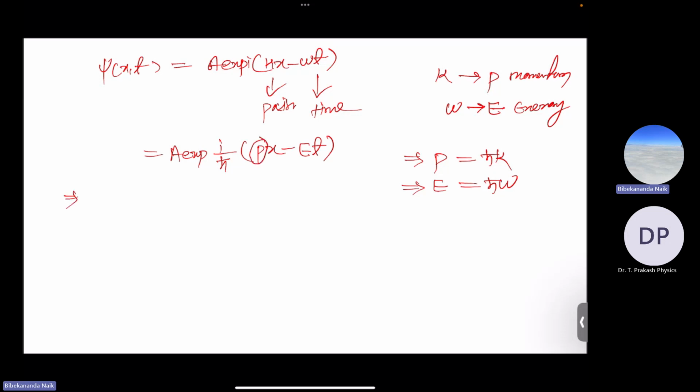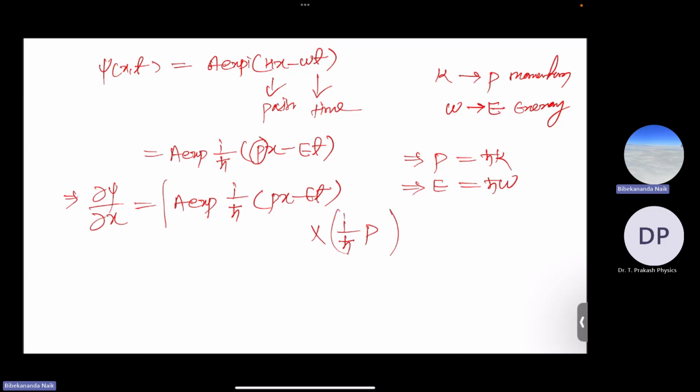So now let's first take the derivative, because since the momentum is with the position part, if you take the derivative, then this p will come out. So if you take the derivative, del psi by del x, it will be exponential i by h cross (px minus Et) into i by h cross p, is not it?